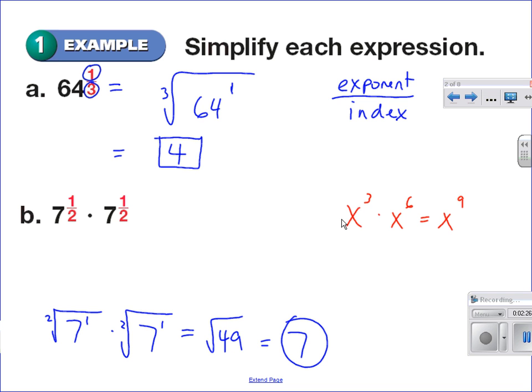Bases are the same here of 7, so nothing has changed. 1/2 plus 1/2, that's 1, so 7 to the first. So we get either one of these, we get 7 as our final result from a simplification. And you get to choose what method you want to use there. Hopefully, depending on the setting, you want to have both of these tools in your toolkit.